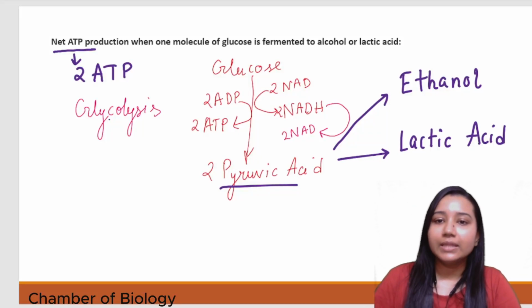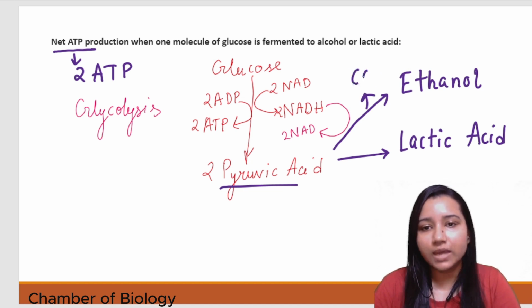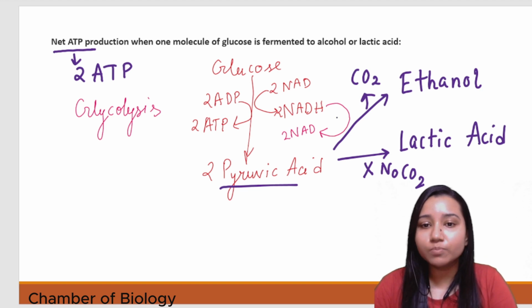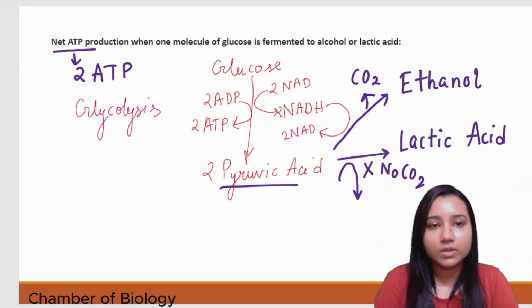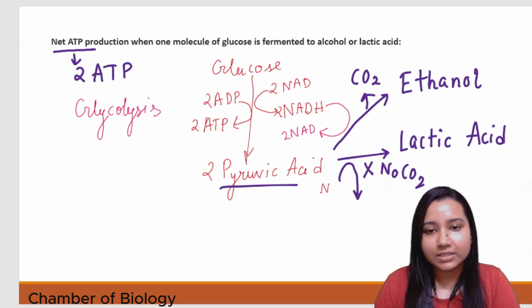Rather, in case of ethanol fermentation, we have seen carbon dioxide was released, but in case of lactic acid, no CO2, right? We didn't see any CO2 coming. But in both of these, NADH was being utilized and NAD was regenerated.